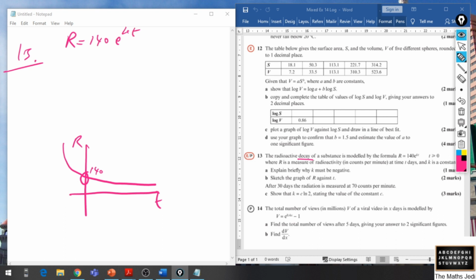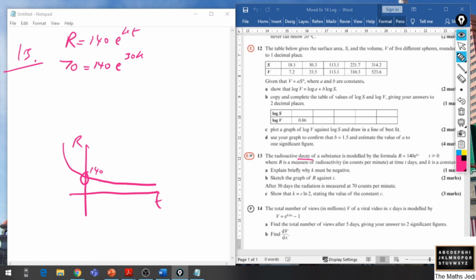We're being told to find k, and we're told after 30 days. So is t in days? Yes, it is. So we're going to do 140 e to the 30k, and the radiation is 70 counts per minute.